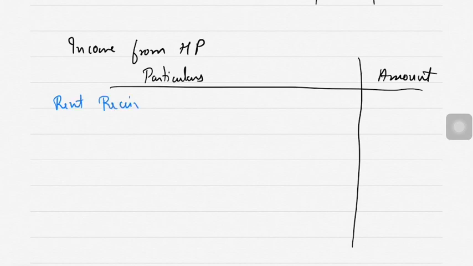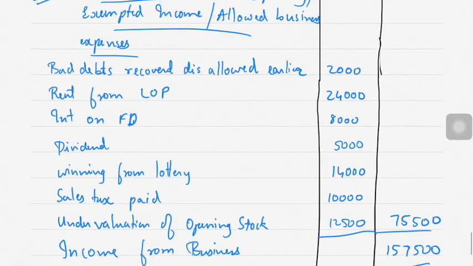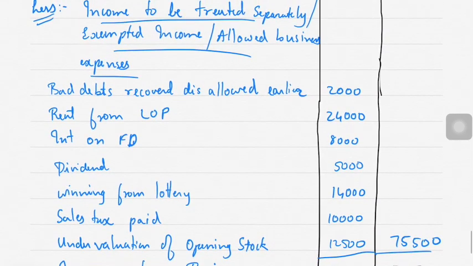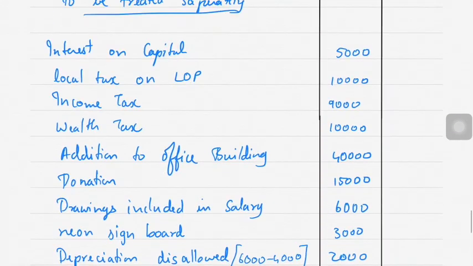So rent received is 24,000. Less local tax.